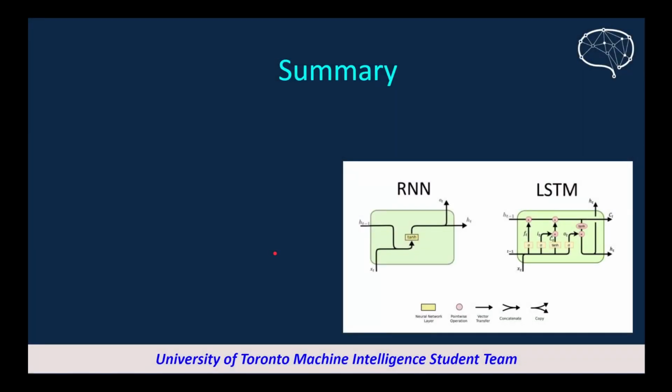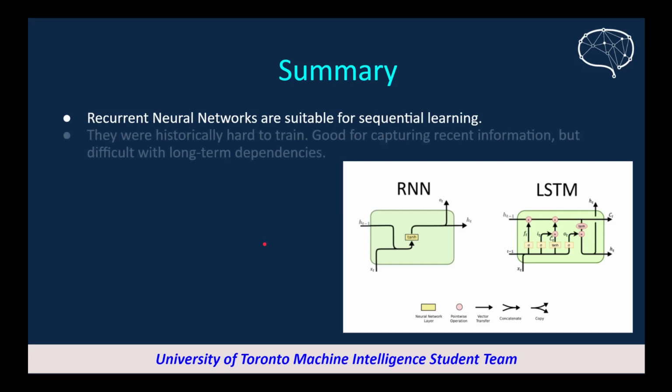And we come to the summary of all of the recurrent neural networks and LSTMs. Recurrent neural networks are more suitable for sequential learning, relative to other simple feed-forward neural networks, and they were historically hard to train.